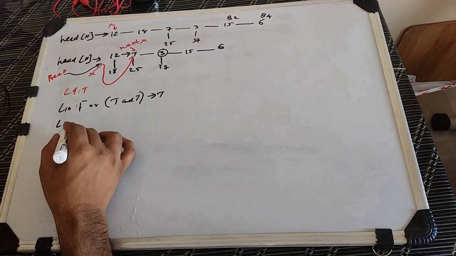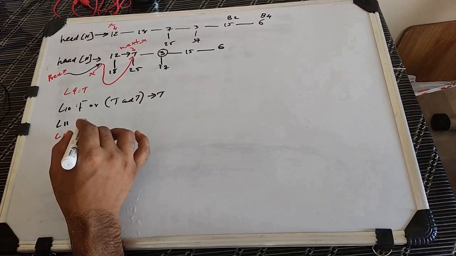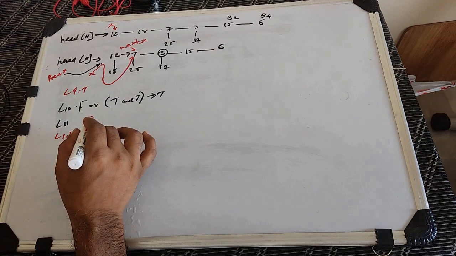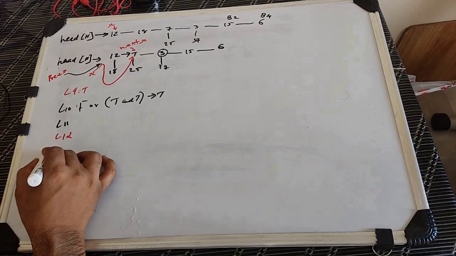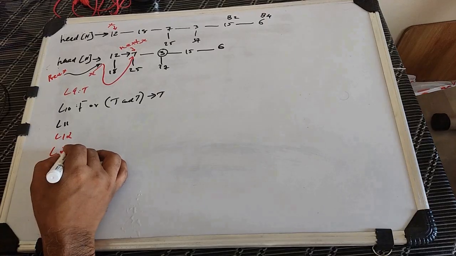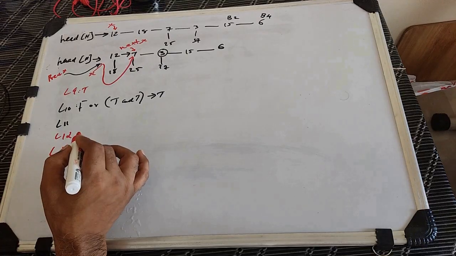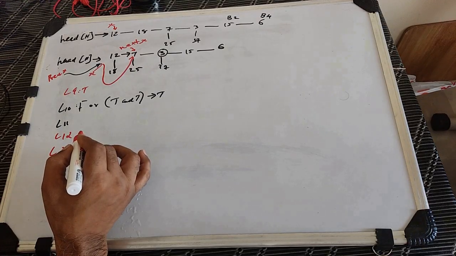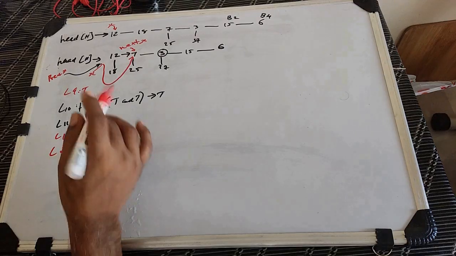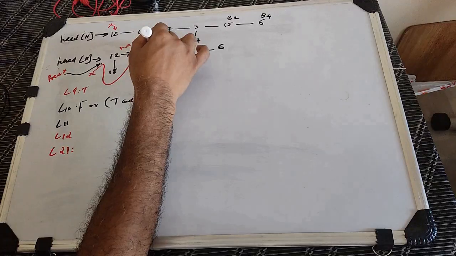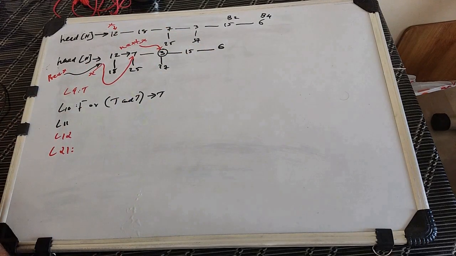Then the else part will not work, and line number 21: next x equal to sibling of x. So next x will be 3 now.